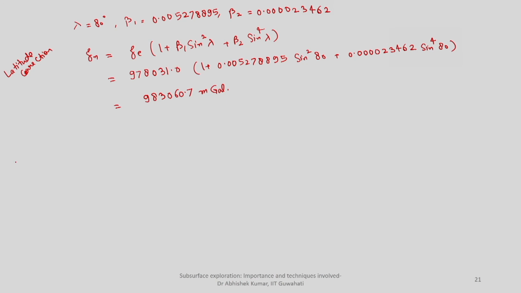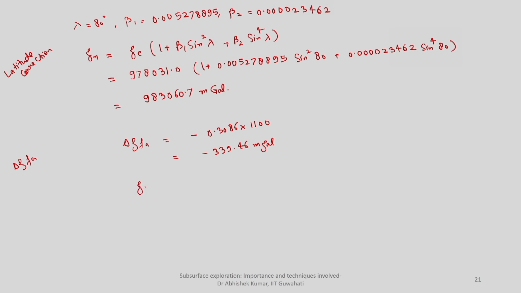Then apply the second one, that is free air correction, delta GFA. We know the value of delta GFA is given as minus 0.3086 times elevation, which is given as 1100 meter. So, that is going to give you the value as minus 339.46 milli Galileo.